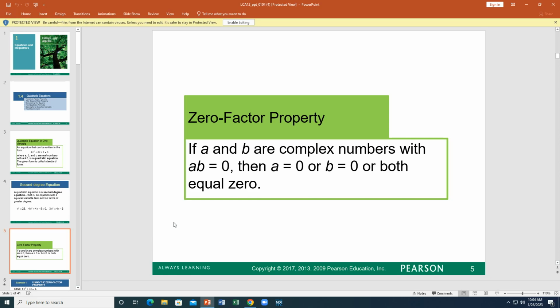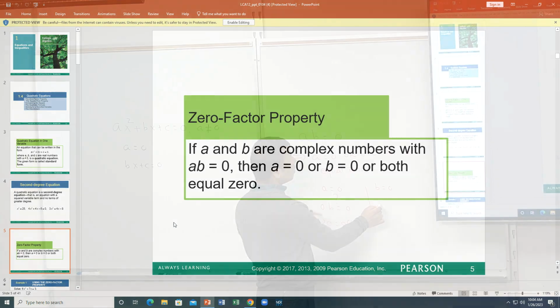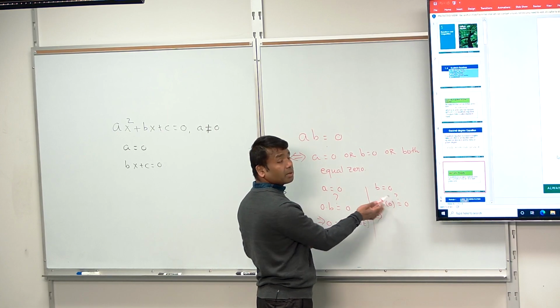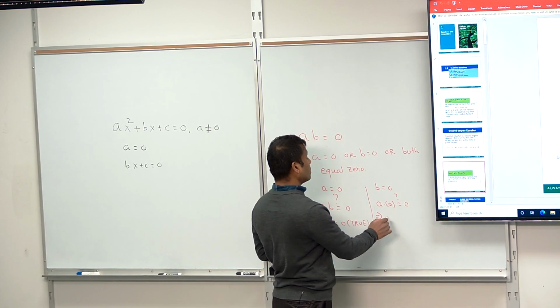Make sense? So that means if I plug in a equal to 0, this will be 0 times b equal to 0. What is 0 times b? It is 0, so 0 equals 0, which is true. Now if I plug in b equal to 0, that will be a times 0 equal to 0. I'm just checking it. What is a times 0? 0 equals 0.